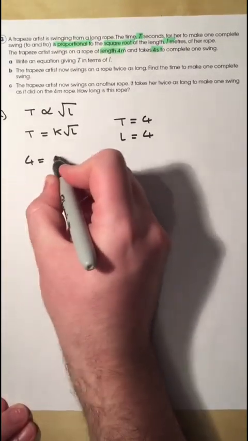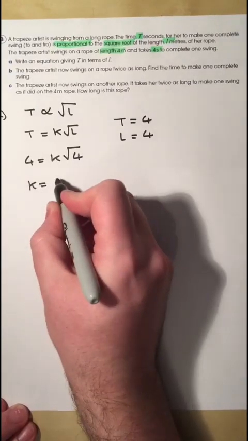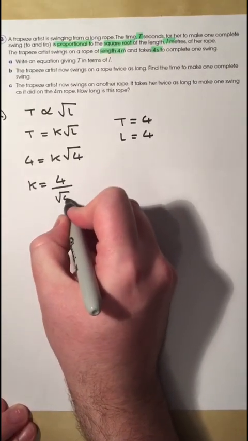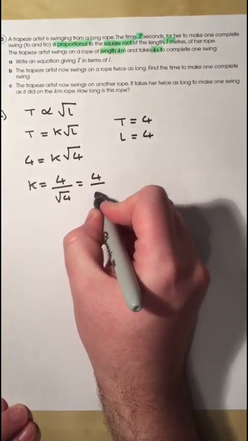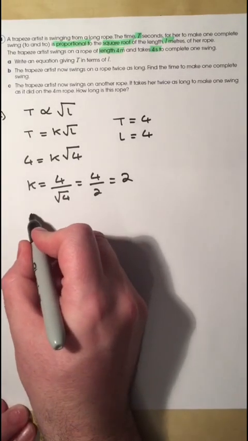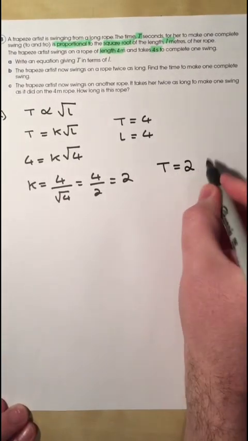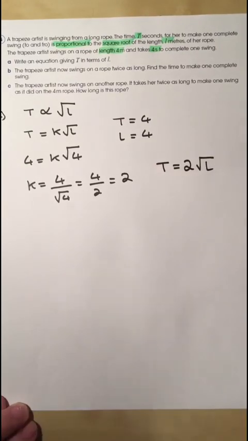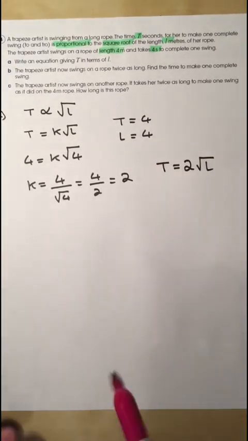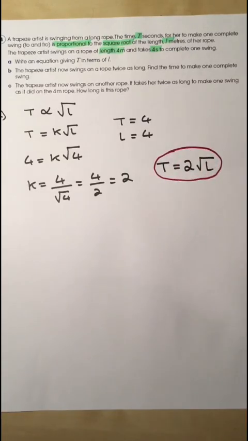So 4 equals k times the square root of 4. So k equals 4 divided by the square root of 4, which is 4 divided by 2, which is 2. So we know our value of k, we know the constant, so we would rewrite this as t equals 2 root L. So this now is our equation we're going to use for the rest of the question.